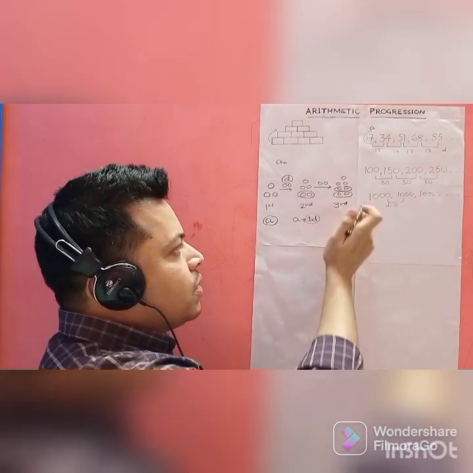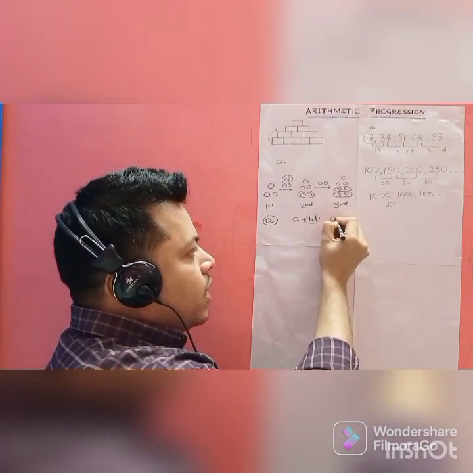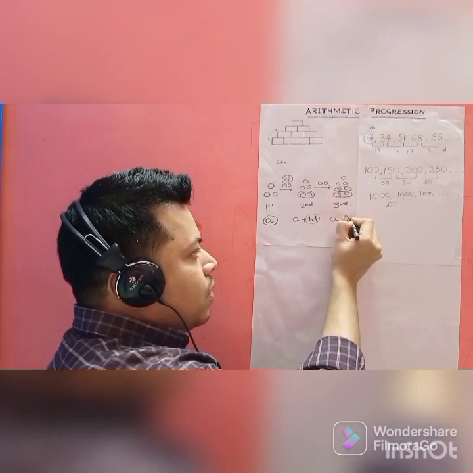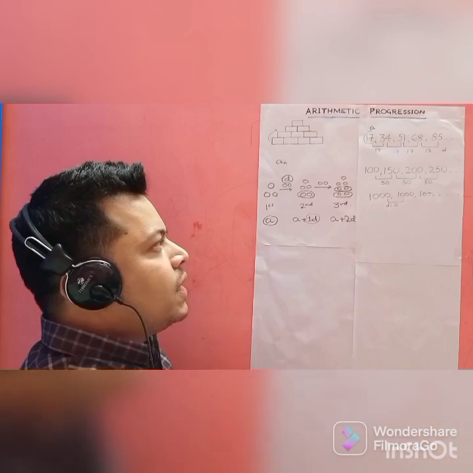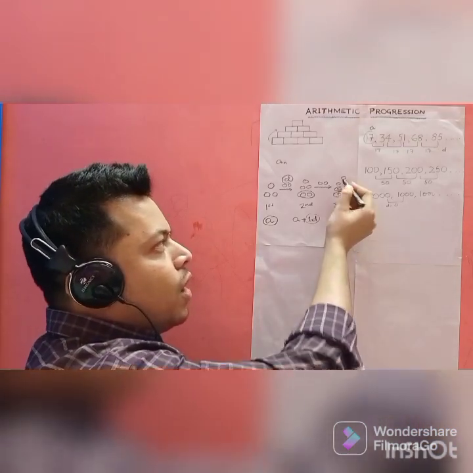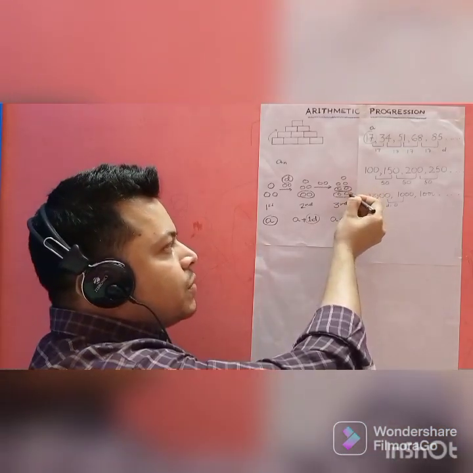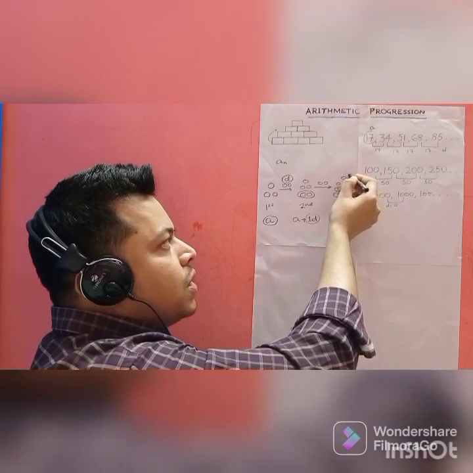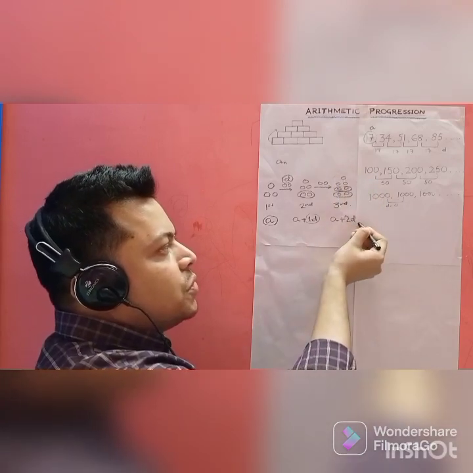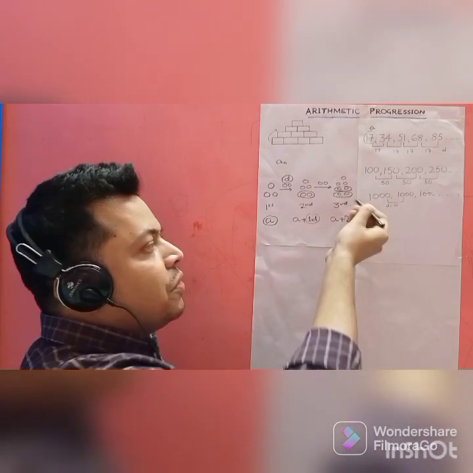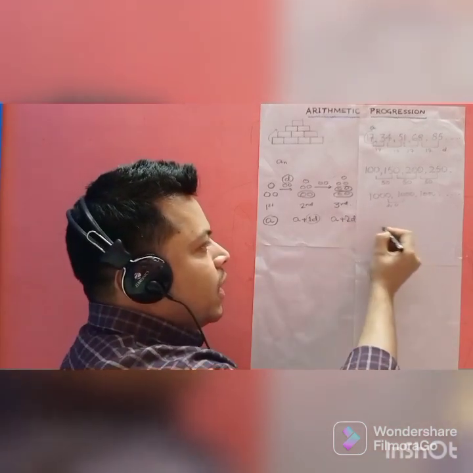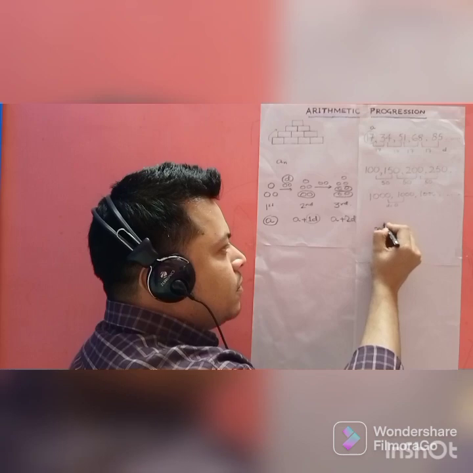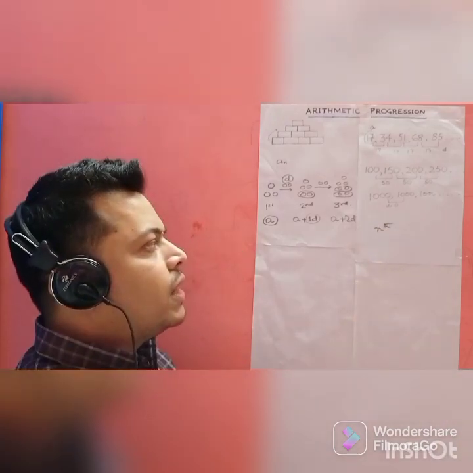Similarly, the third term can be written as a plus 2d, because we are adding 2 times d to the first term, and in this way we got the third term. Similarly, the nth term can be obtained. How can we get the nth term?